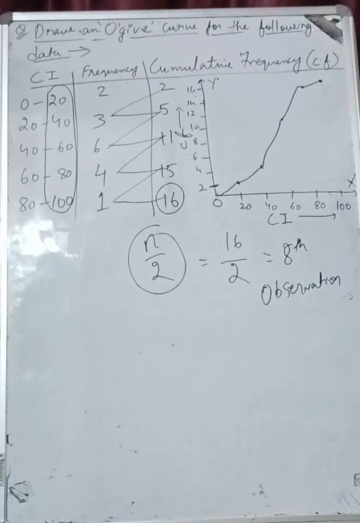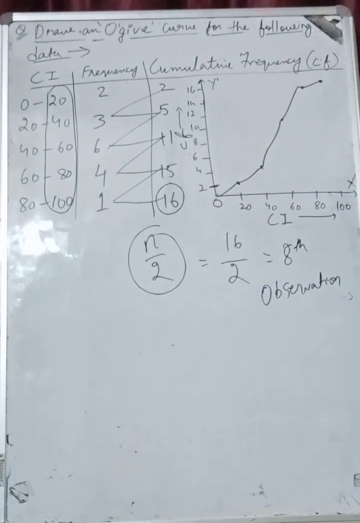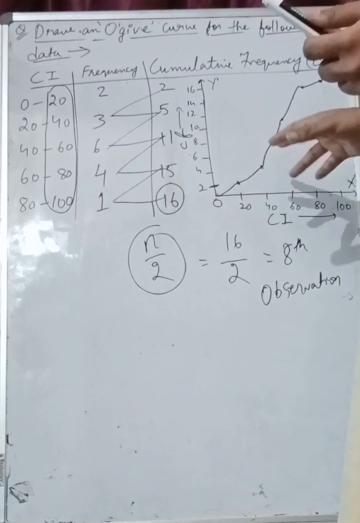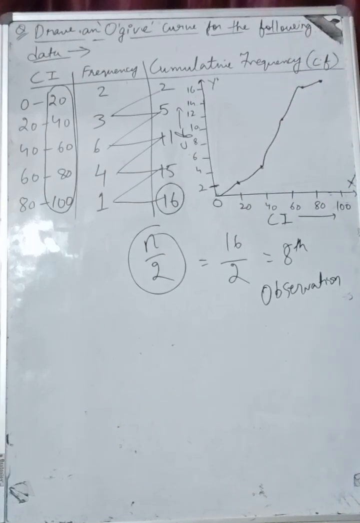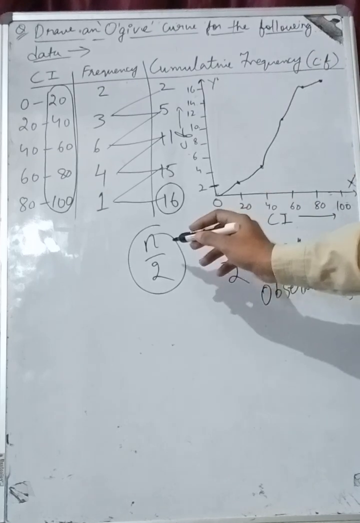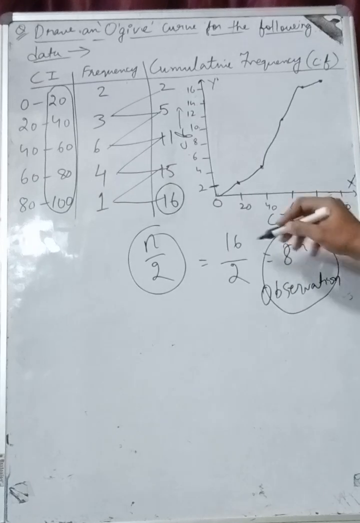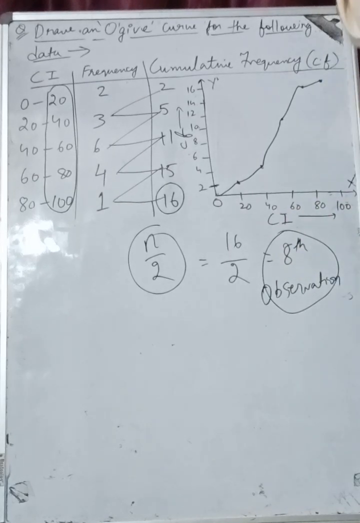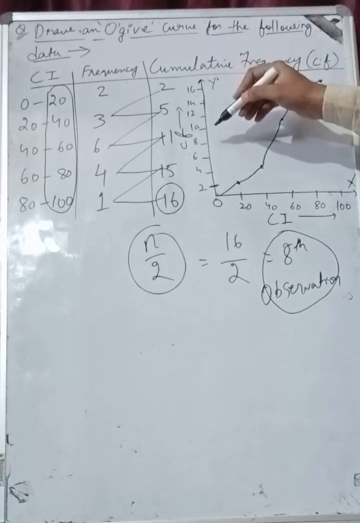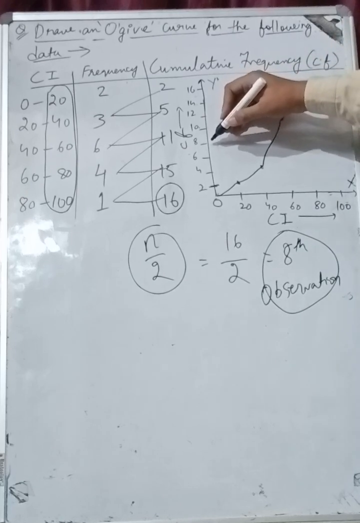Now, in order to find the median, right now we have accomplished the ogive curve. We have already calculated n upon 2, that is the 8th observation. So for the 8th observation, you have to notice in the cumulative frequency where 8 is lying. This is the reading of 8.